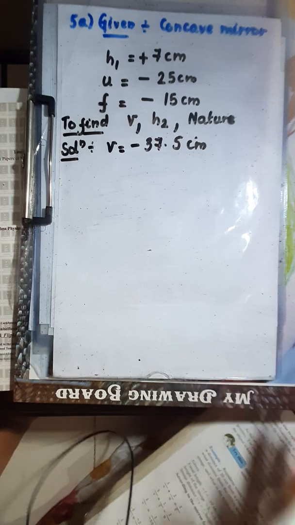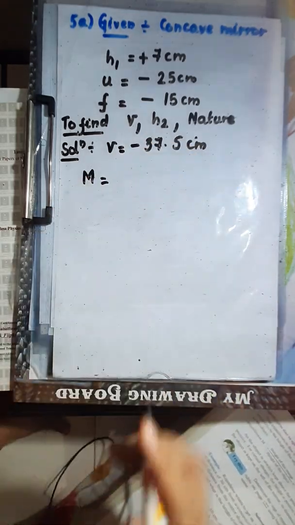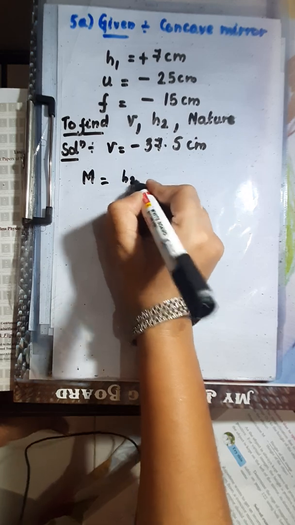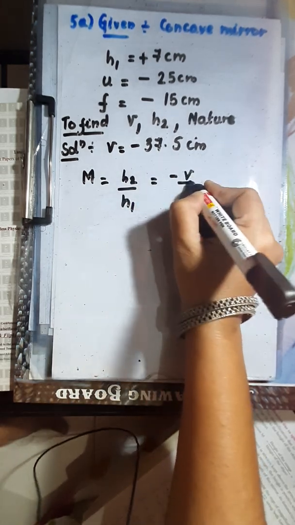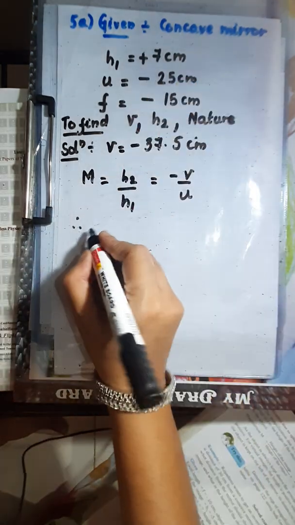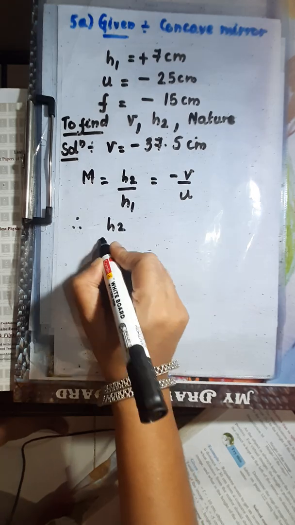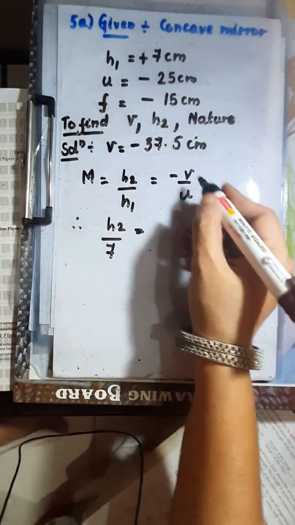Now let us next find out m is equal to, what is the formula for m? h2 upon h1, which is equal to minus v upon u. Therefore, what is my h2? I don't know. What is h1? 7. Now, what is v?